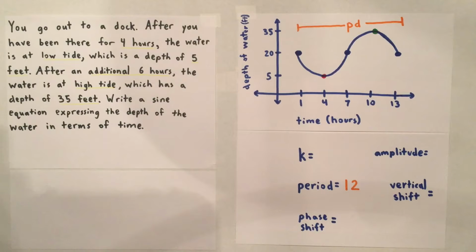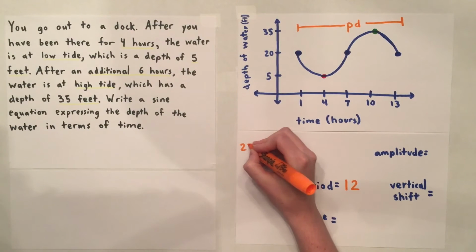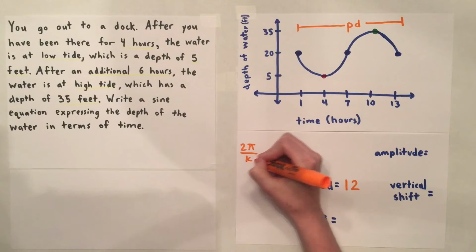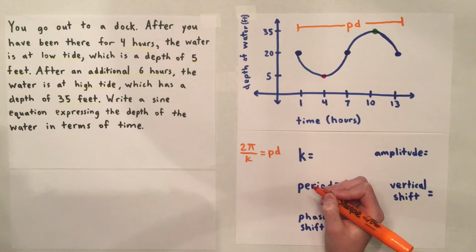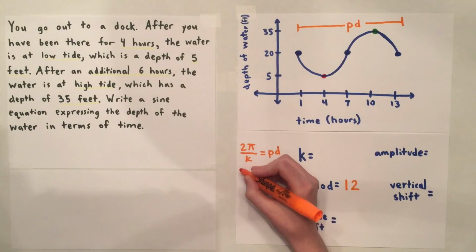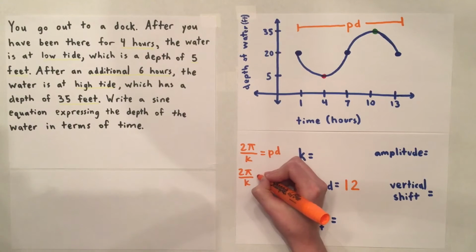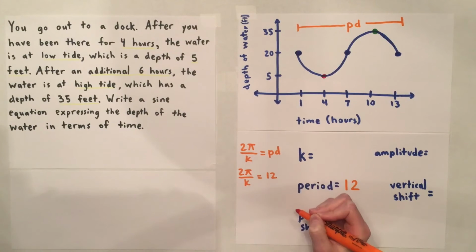Now that we have found the period, we can find k. 2 pi over k is equal to the period. So, if we plug the period in, we get 2 pi over k is equal to 12.